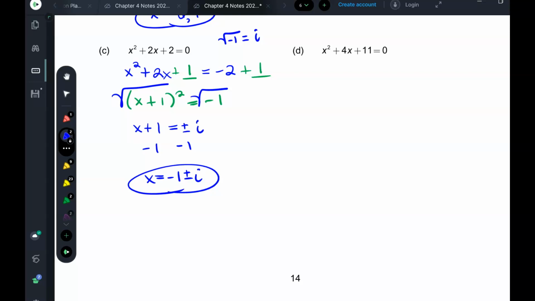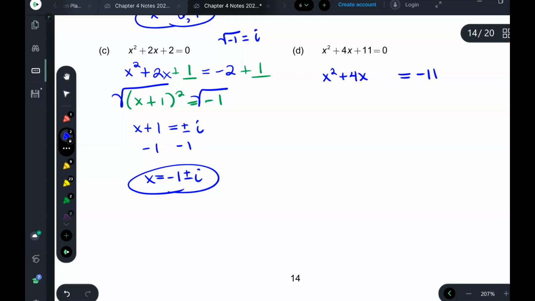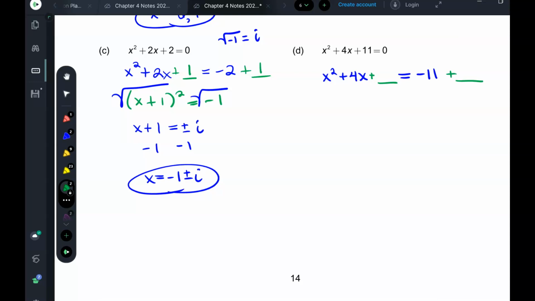Okay, this isn't connected. Let's try the next one. So we have... -1 squared is -1. But how do we get the +4?